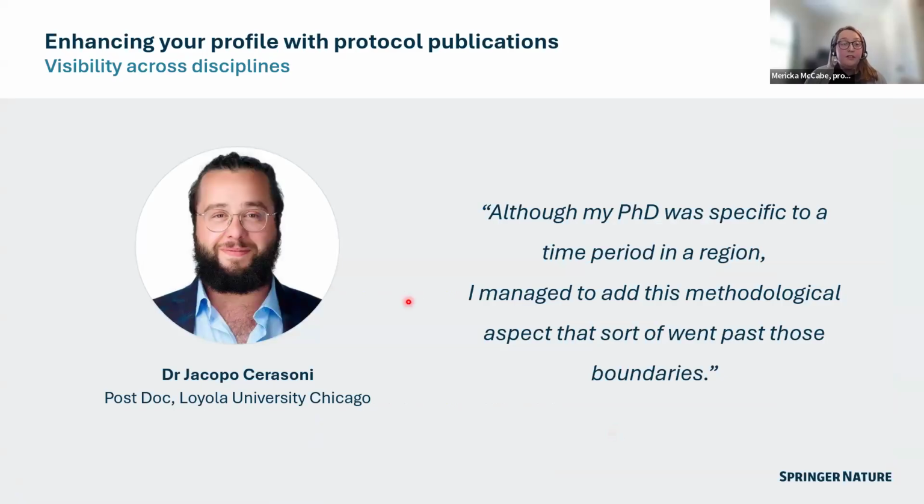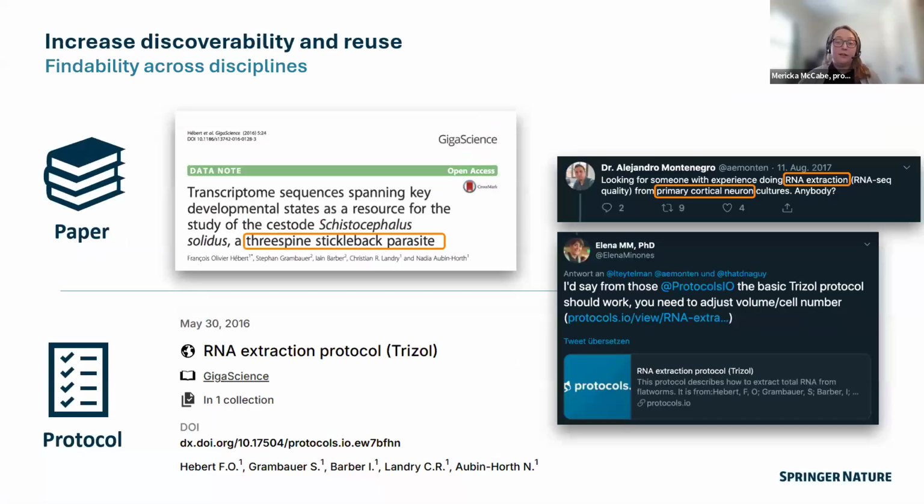And as I mentioned, there's visibility across different disciplines. So this same author said that although the PhD was specific to a time period in a region, he was able to add this methodological aspect that went past those boundaries. And there's a really good example of this in practice where this paper that used RNA extraction in three-spine stickleback parasites was published.